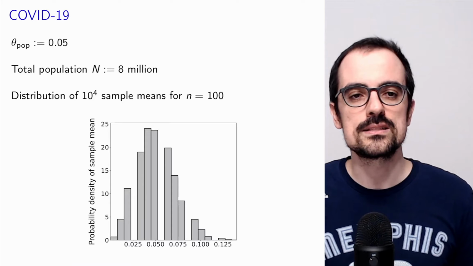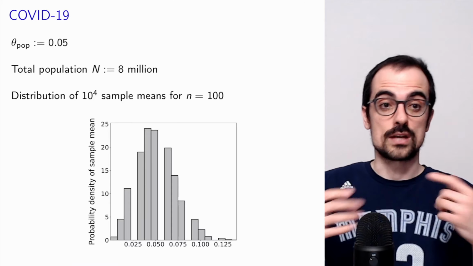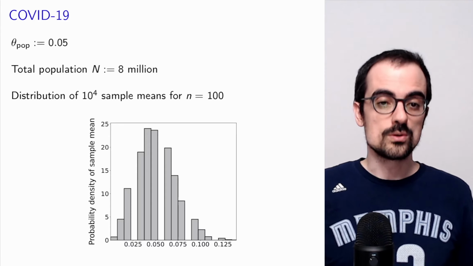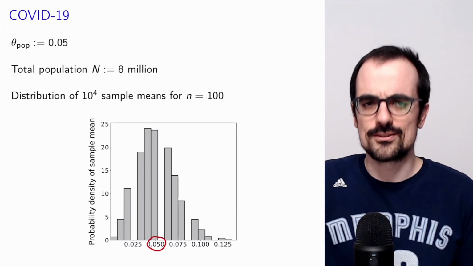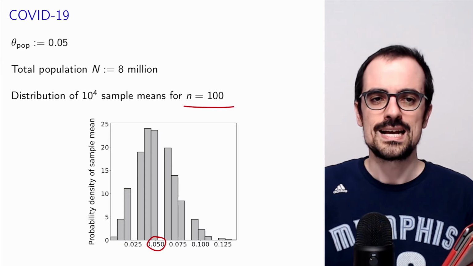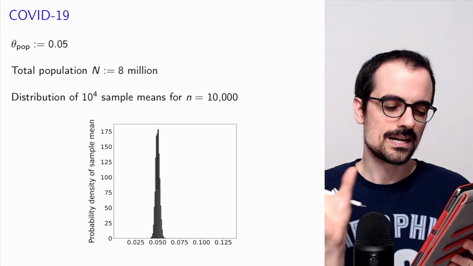This is what happens if we measure 100 people at random over and over again. We repeat this 10,000 times, and we look at the distribution of our estimator. The estimator is actually centered at 0.05, but there is quite a bit of spread because we have very few measurements. As we gather more and more measurements, the spread becomes less and less.